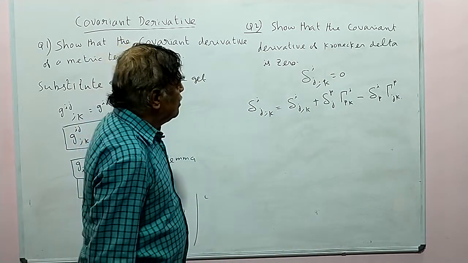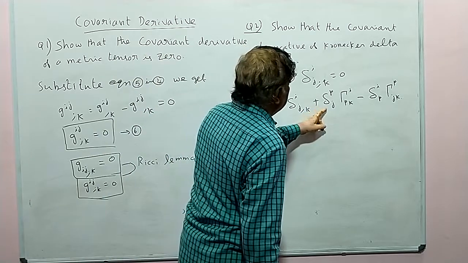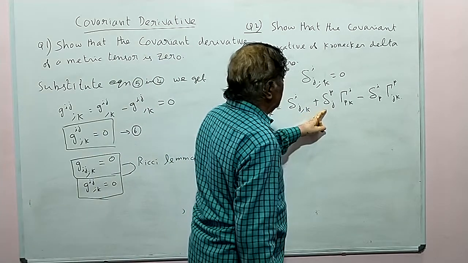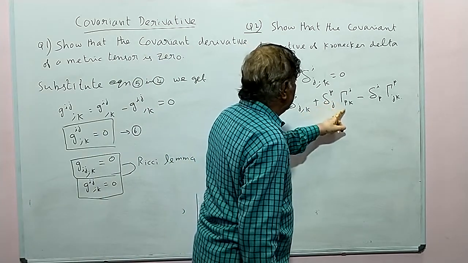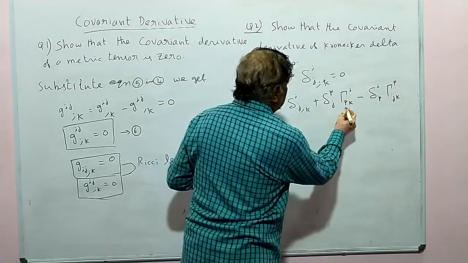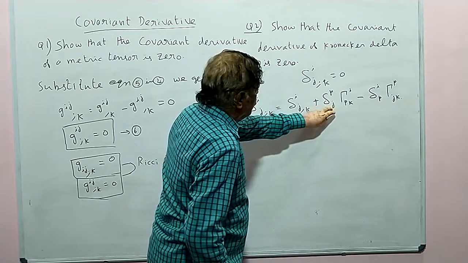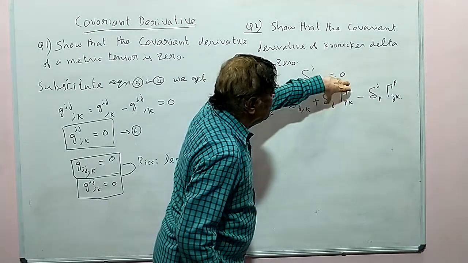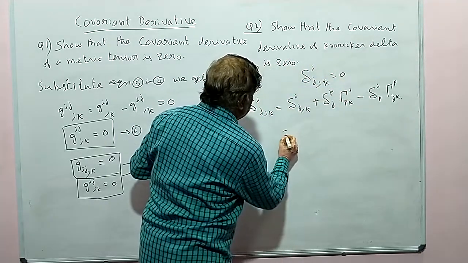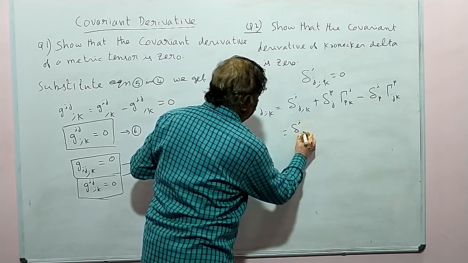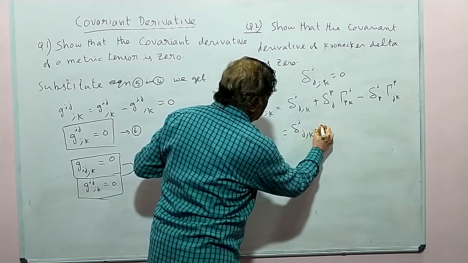Then the non-vanishing value will be only when p is equal to j. So the first term is delta ij comma k.